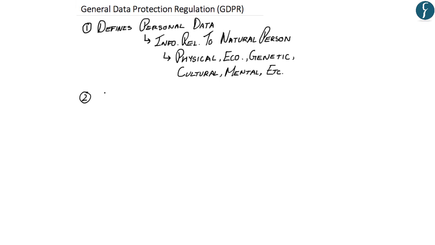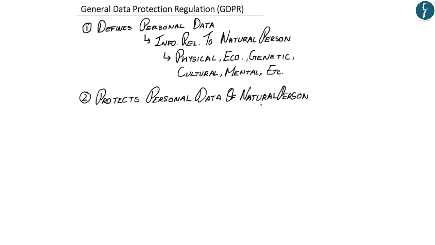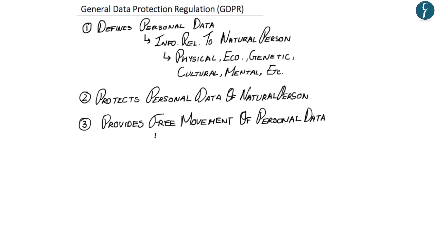And therefore, it lays down rules relating to the protection of natural persons with regards to the process of their personal data, and thereby protecting their fundamental rights and freedoms, and in particular, their right to protection of their personal data. The third provision is that it provides the free movement of personal data, meaning that it should neither be restricted nor prohibited within the European Union.